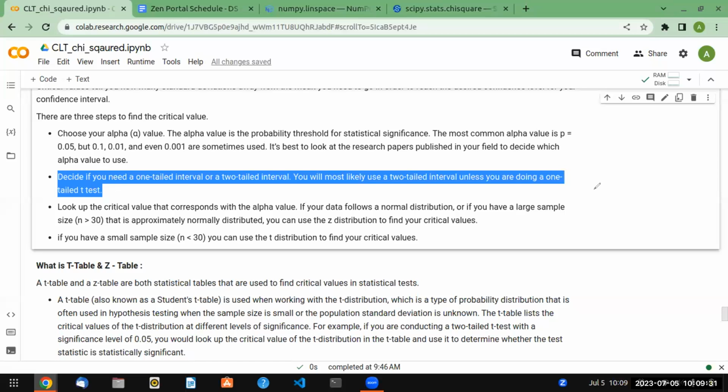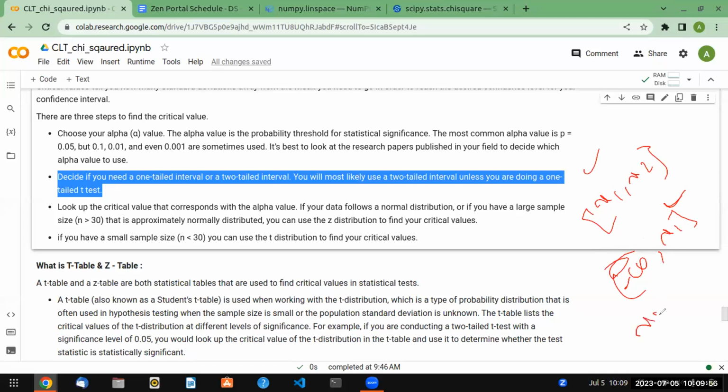This means between x1 to x2. If this is my interval, this is called 2-tailed. If I say minus infinity to x1, this is 1-tailed, because I am fixing at this position, but I am not sure about the negative direction.